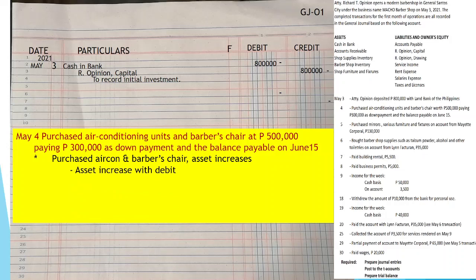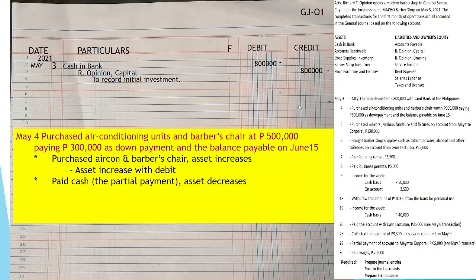On the other hand, in exchange for these items, the aircon units and barber's chairs, of course we must have paid something, or we have the value parted with, and this is by paying a down payment of 300,000, and we still have a balance of how much? 200,000. How do we get 200,000?